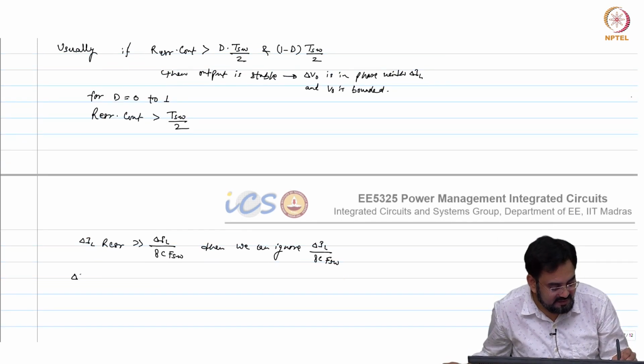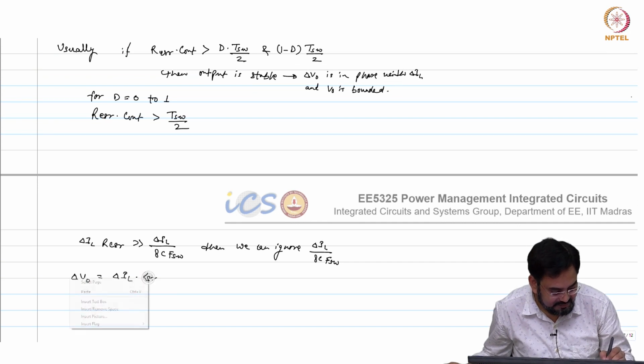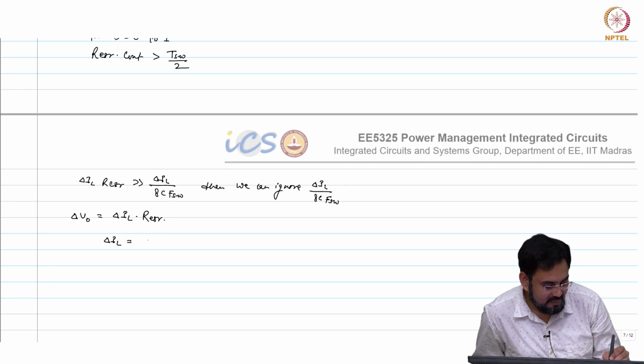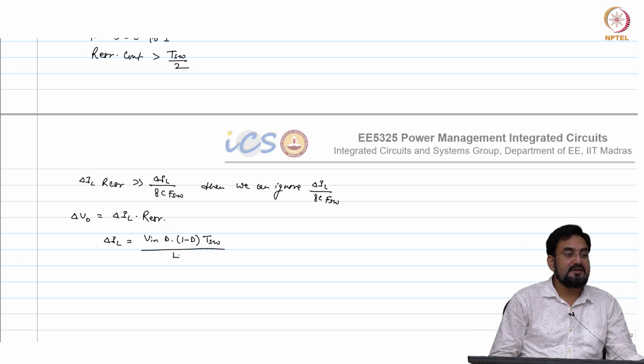What will happen is your delta V out will be delta IL into RESR. What is delta IL? It is V in d times 1 minus d by L.